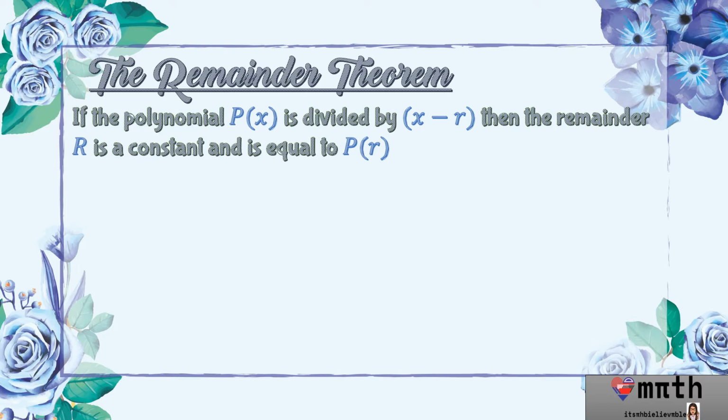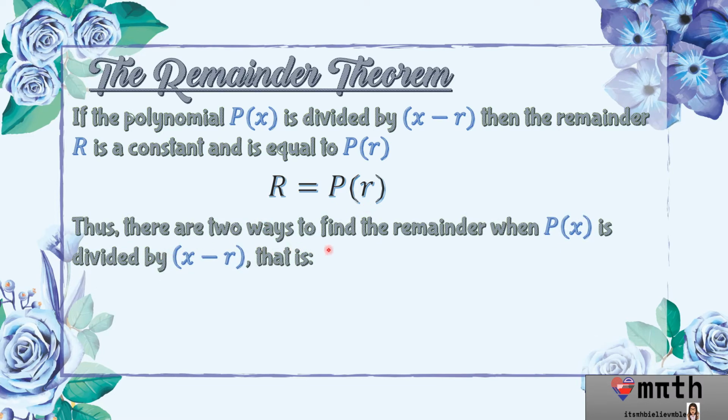In this, p of x is our dividend, while x minus r is our divisor. When we substitute the value of r for x, we arrive at p of r, which is the same as the remainder when we divide the dividend p of x by the divisor x minus r. So R is equal to p of r.